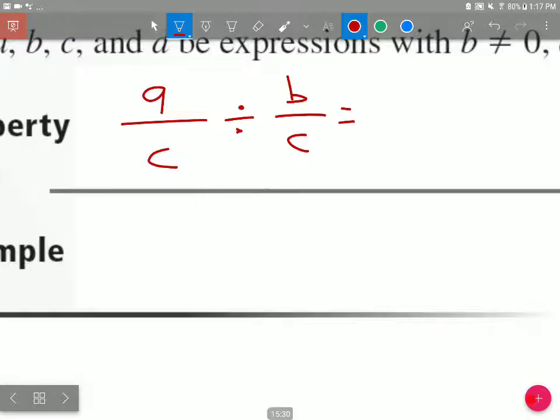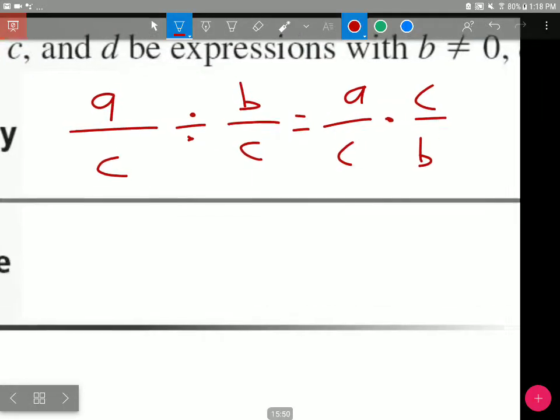You flip it and multiply. It's the same thing here. I'm going to flip it and it becomes a multiply. And oh, hey, look, now it's just like the problem we just did.